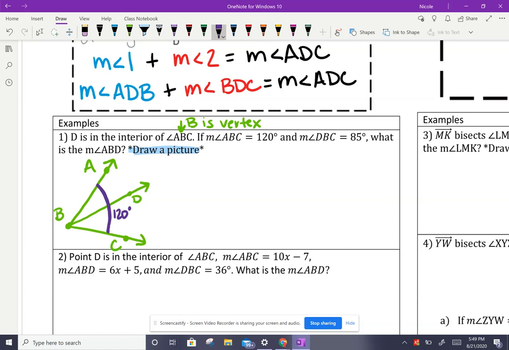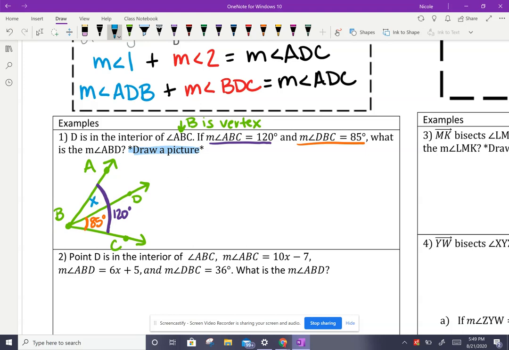Then it says the measure of angle DBC is 85. So just this piece here is 85 degrees. I need to find the other angle. I'll put an X, that's what I'm trying to find.